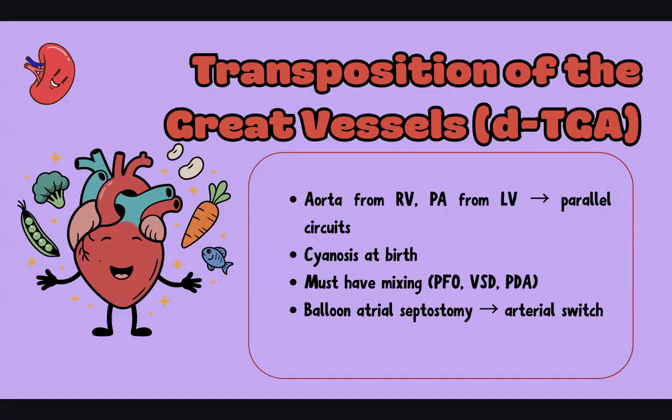Two separate circuits. So we need mixing, right? That's how we go from deoxygenated blood to oxygenated blood. That's not happening here, so they will be cyanotic at birth, and they'll need a specific surgery that we'll talk about in the next lecture video.